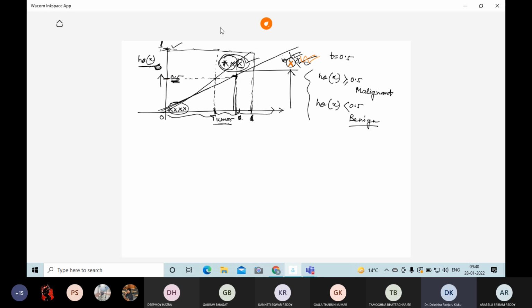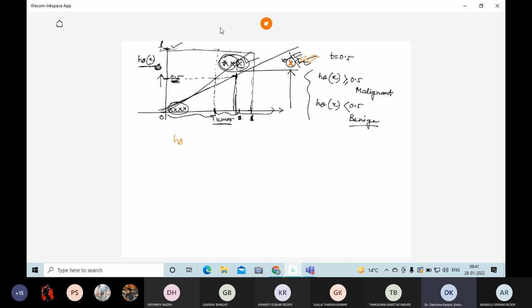Now, because of such influential observations, we can have a different best fitting line, and because of that line, we can have some unpredictable values.